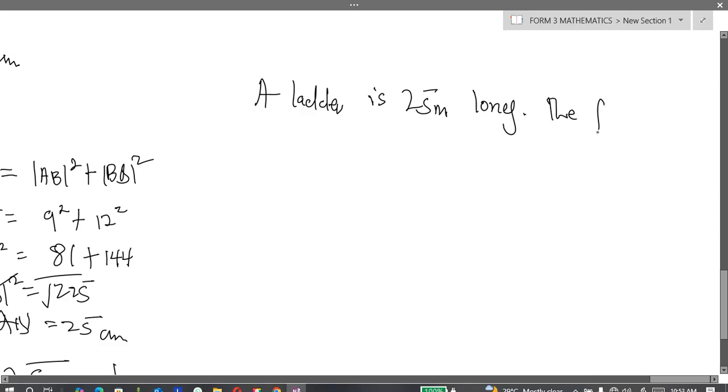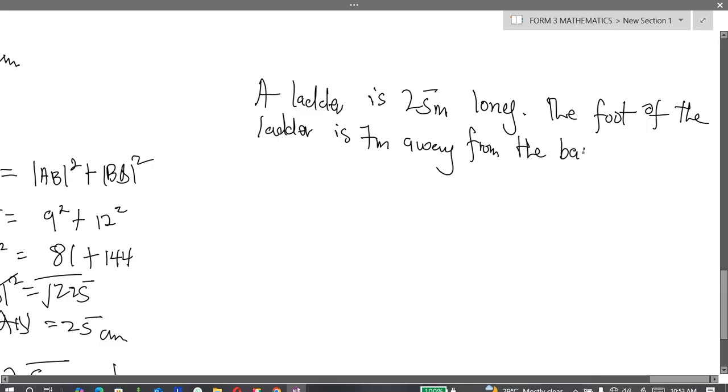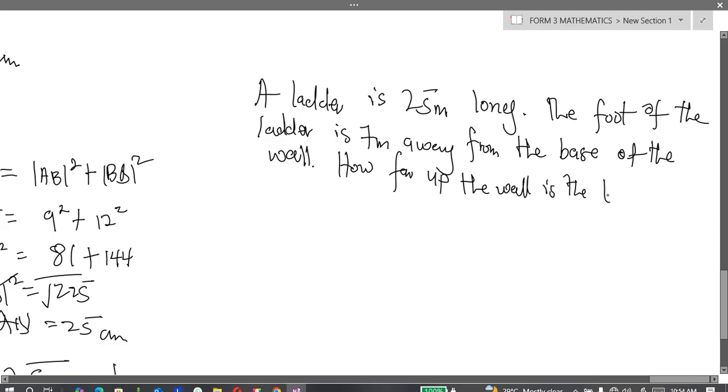The foot of the ladder is 7 meters away from the base of the wall. How far up the wall is the top of the ladder? See questions like this.